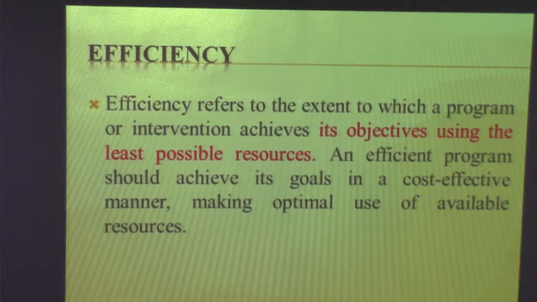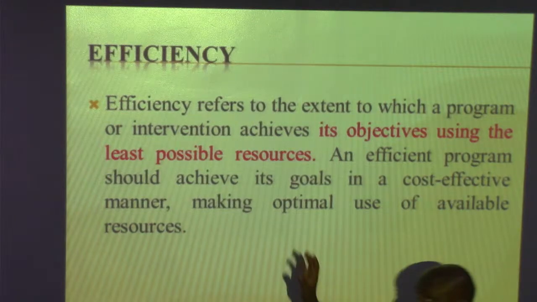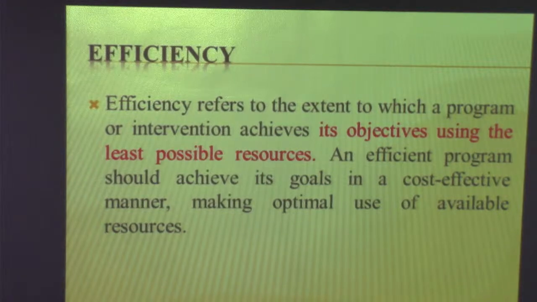Then what is efficient and what is effectiveness? And effectiveness: an intervention achieves its objectives without considering the amount of resources. Effectiveness, yenyewe angalia umewekeza kiasi gani.